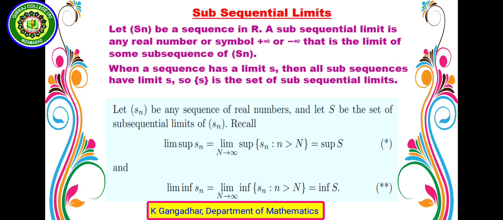So the limit of a subsequence is called a subsequential limit. When a sequence has a limit s, then all subsequences have limit s, and s is the set of subsequential limits.